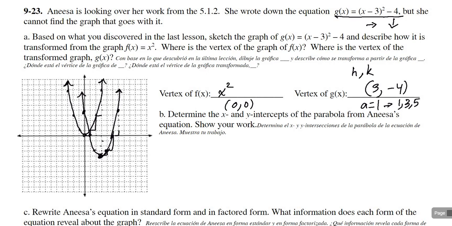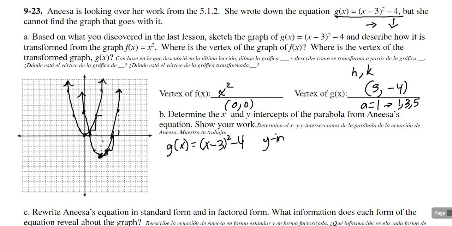Determine the x and y intercepts of the parabola from Anissa's equation. Okay, so the equation is g of x equals (x minus 3) squared minus 4. For the x-intercepts, I have to do a little bit of work, but for the y-intercept, it's pretty easy.